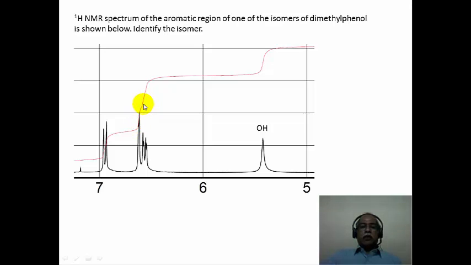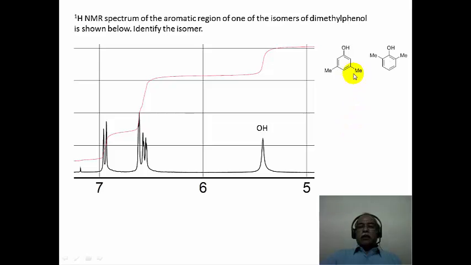Finally, there is a doublet which is sort of merging with the singlet, at a different chemical shift value, corresponding to 1 hydrogen intensity. Now this is a dimethylphenol, in other words it's a tri-substituted aromatic compound. So the remaining 3 protons are what is seen in the NMR spectrum in the aromatic region.